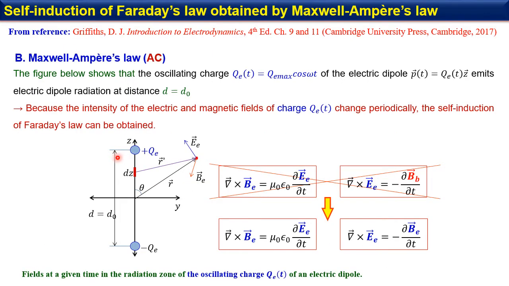However, because this figure shows that there is an electric field and a magnetic field generated by one oscillating charge in Maxwell-Ampere's law, we can obtain self-induction of Faraday's law.